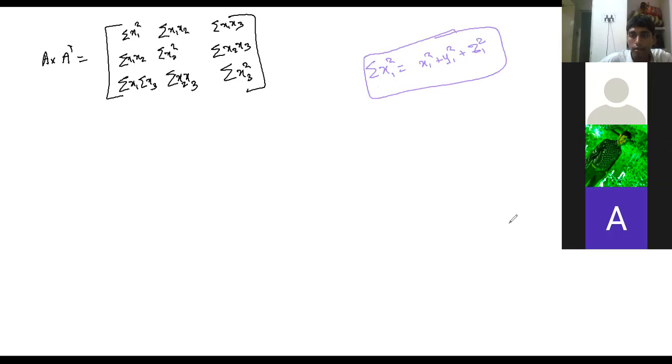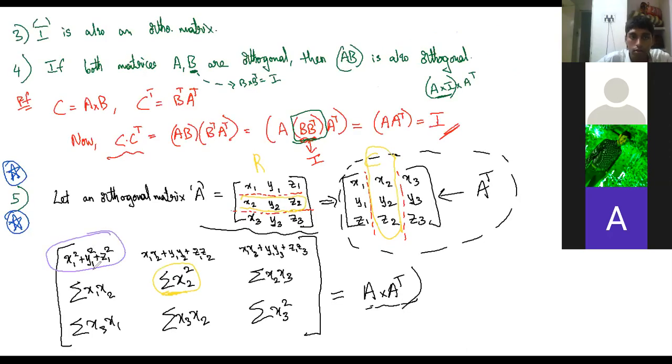You understood this? No sir. How do you get the first term on multiplying these two? This row and this column on multiplication only, you get this. Yes sir. So then what will come? This same thing: x1 square plus y1 square plus z1 square.